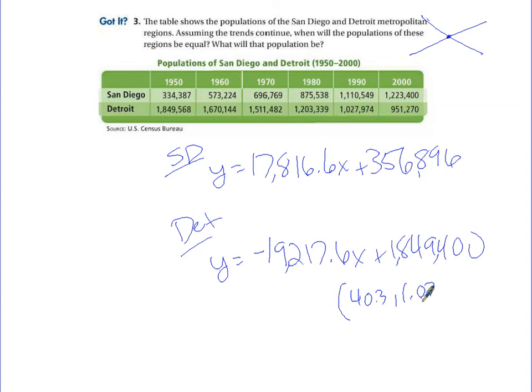I can move the decimal over 6 places. 1, 2, 3, 4, 5, 6, comma, comma. So, what does that 40.3 represent again? Years since 1950. So that actually is going to be what year?